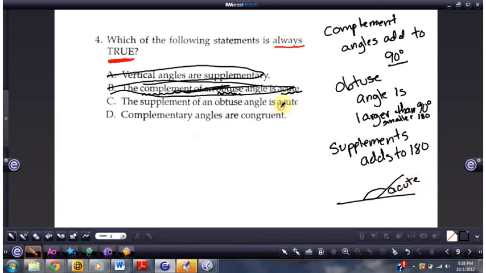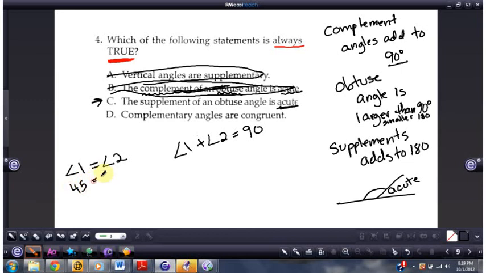You still want to check D and see if you can prove that it's not true. Complementary angles are congruent. Complementary means that the two angles add up to 90. And for congruency, it would have to be 1 equals 2. Now, if I picked 45, that would actually hold true for both of these.